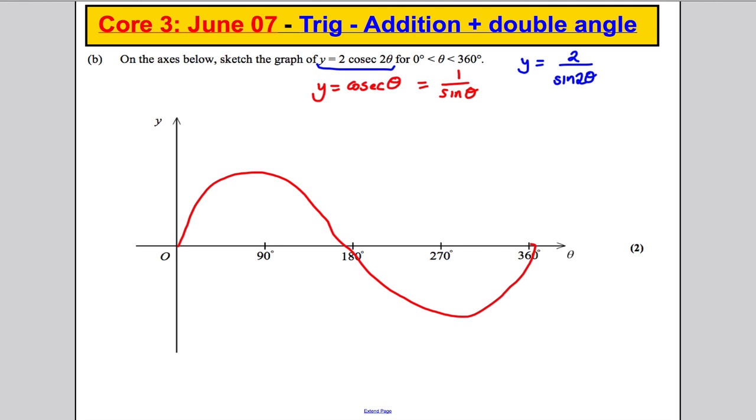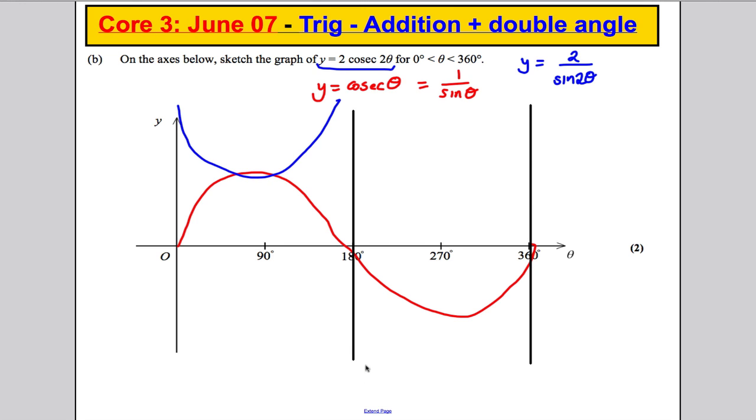So 1 over sine theta, quite easily, I can draw, I know it looks something like this, asymptoting at 180, 360.